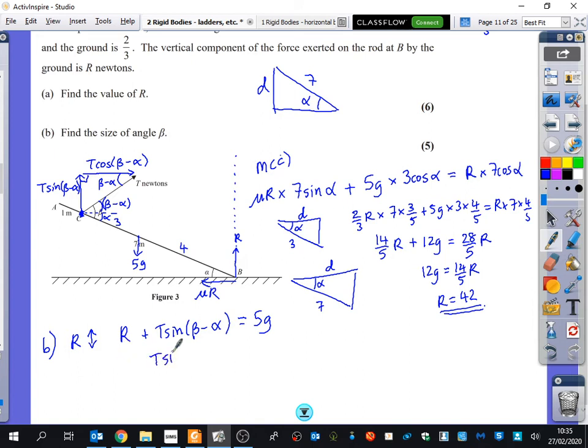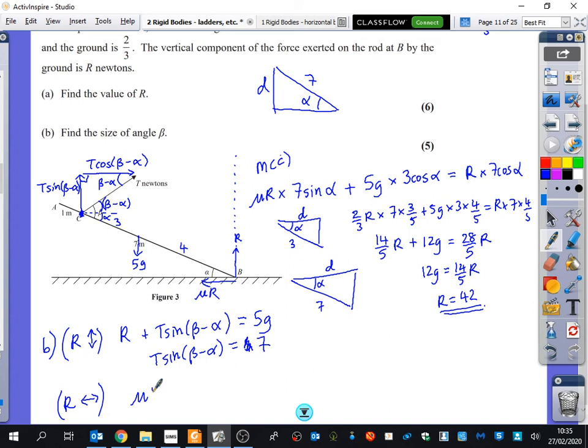So T sine beta minus alpha is equal to 5g minus 42, which is 7. Now we're going to resolve in the left and right direction. Just stick with me because this is all going to work out, I hope. Have faith. What's the resolving in the left and right?